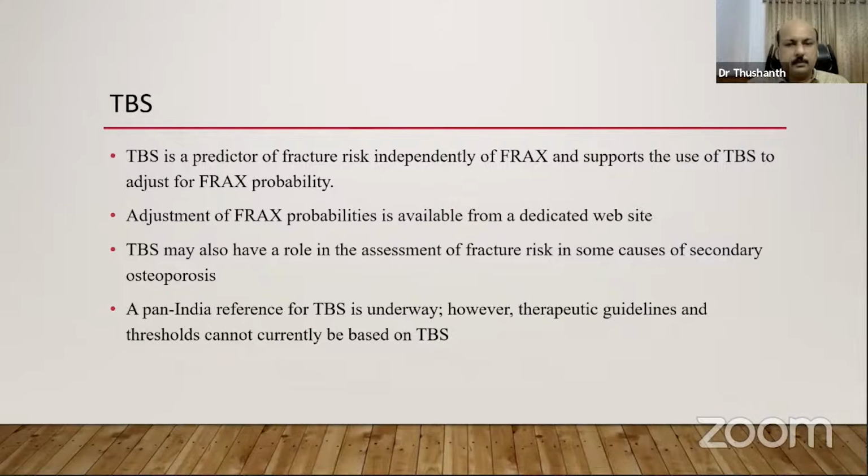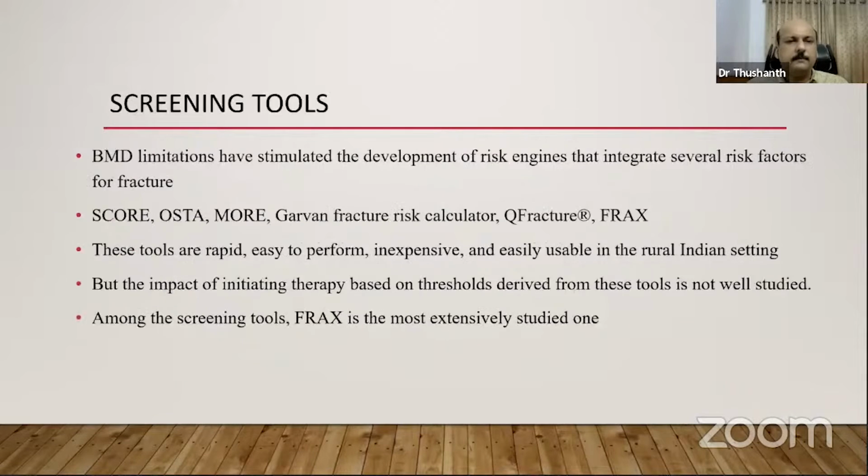And in the FRAX score, about which I will be discussing, TBS has also been incorporated. A pan-India reference for TBS is underway, but therapeutic guidelines and thresholds cannot currently be based on TBS. We are awaiting the new data, and most probably we can expect some changes in the next few years.